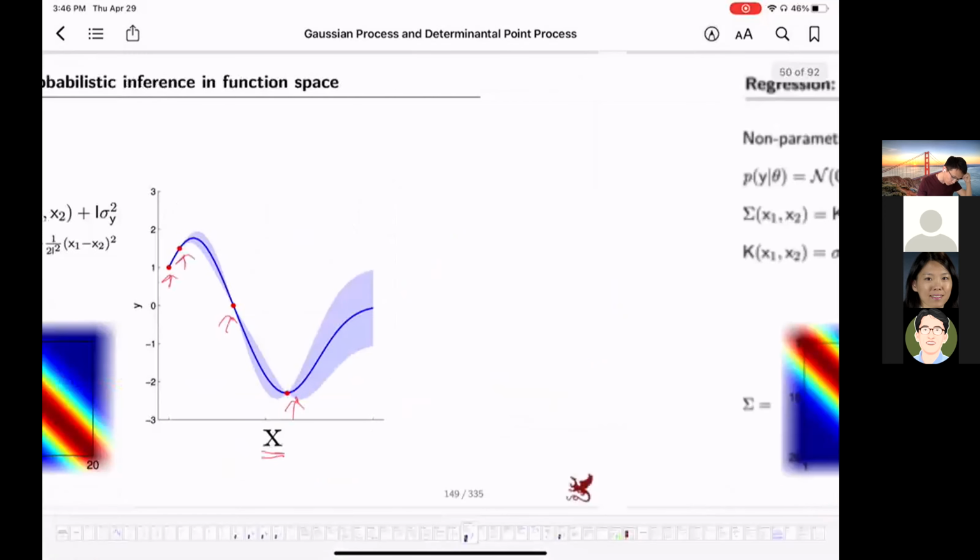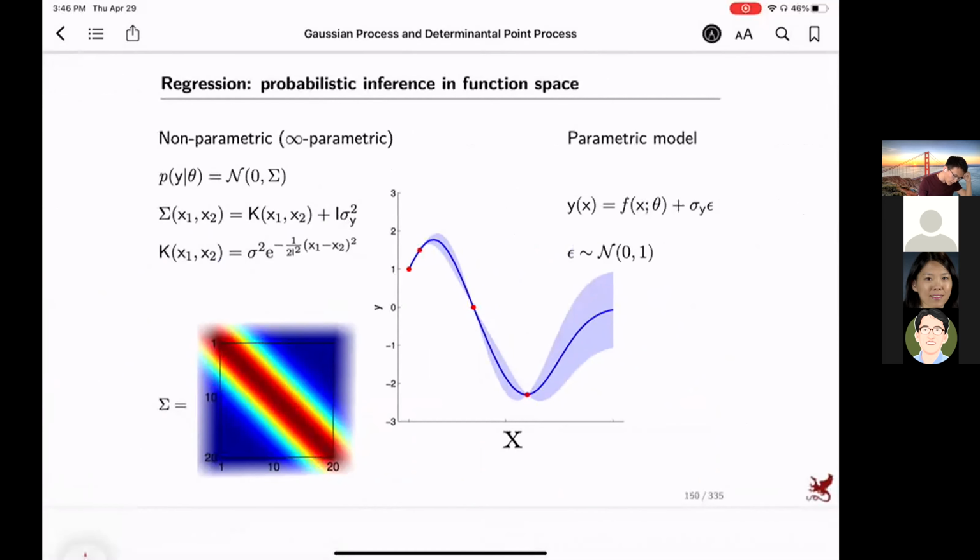This is the problem we started with. Then we introduced a parametric model and a non-parametric model. For the parametric model, we imagine there is this fx and some parameter theta we want to estimate, and then there is this noise term we plug into fx.